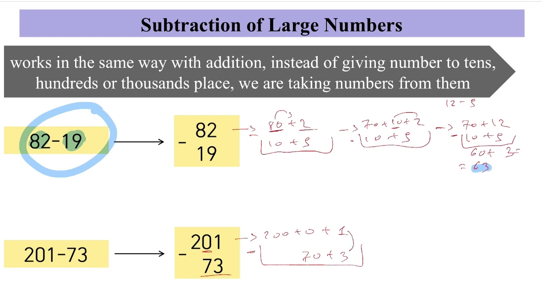Also we cannot subtract 17 from the 0, so this 200 should give its 100 to this place value. Let's take it. 100 plus 100 for the tens place and plus 1 minus 70 plus 3.